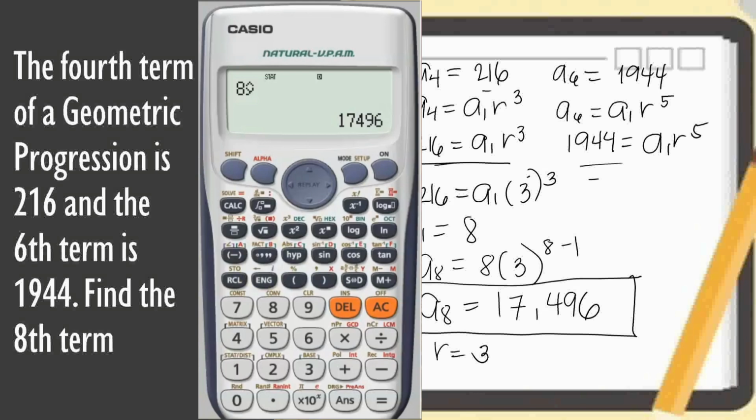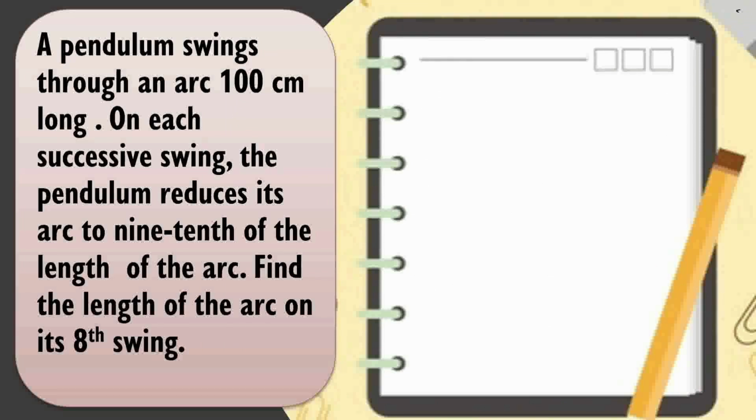So, next. A pendulum swings through an arc 100 cm long. On each successive swing, the pendulum reduces its arc to 9/10 of the length of the arc. Find the length of the arc on its 8th swing. So, jot down lang natin yung mga given. So, yung given natin is a sub 1, which is 100 cm long.